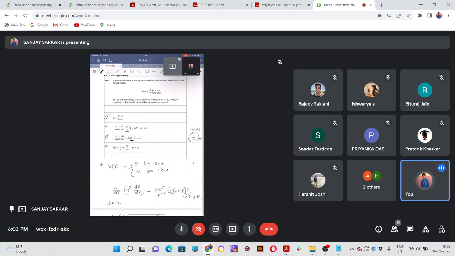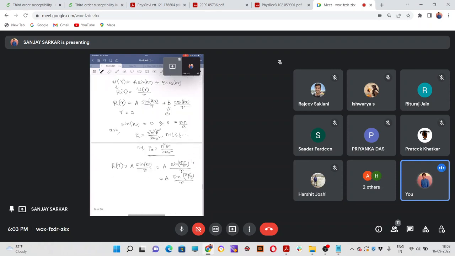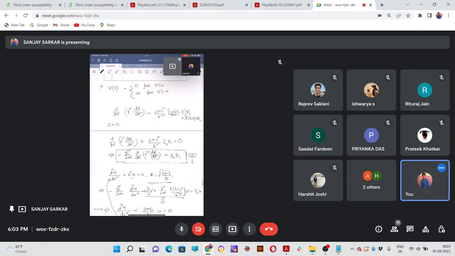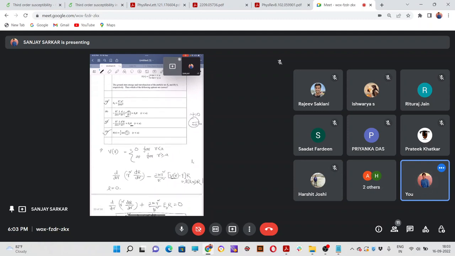So option D is also correct. This a is the normalization constant. We will find out the normalization constant by this condition. So basically R of r is of the form of this, that is option D is also satisfying. So for this question, option A, sorry, not B, option C and option D, all of them are correct.